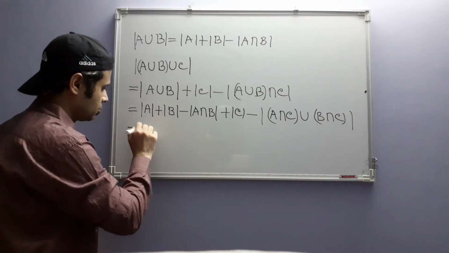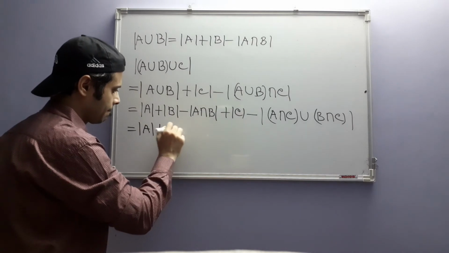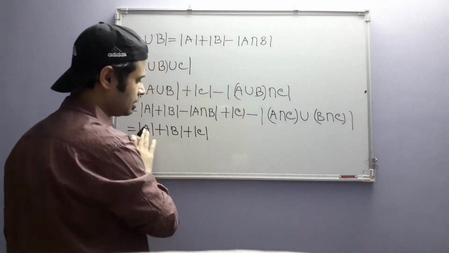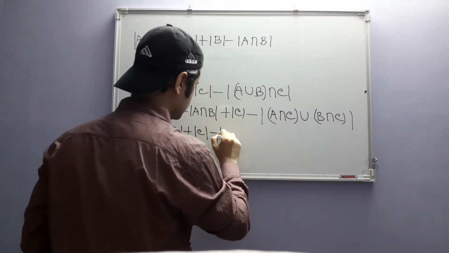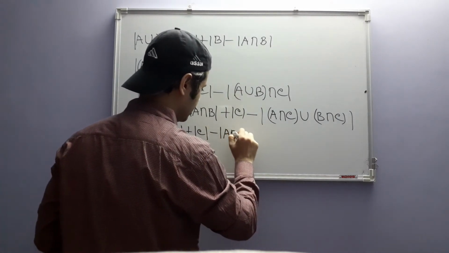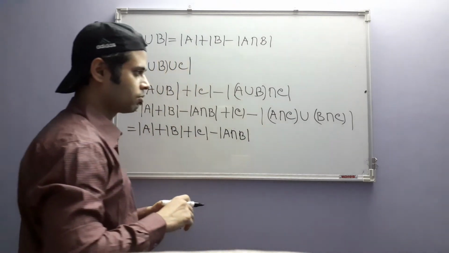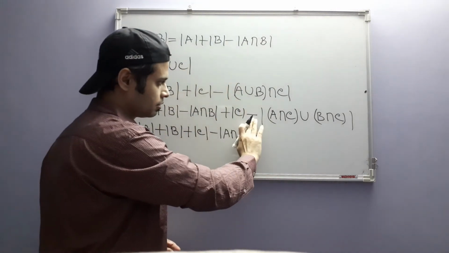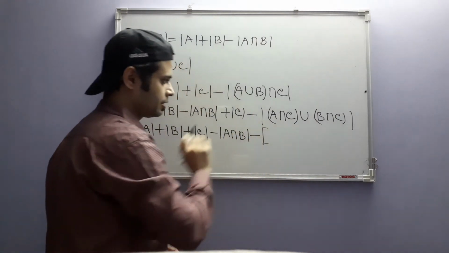So let me write cardinalities of A, B and C together minus cardinality of A intersection B. What about this one? Minus, you see carefully that there is a minus sign.